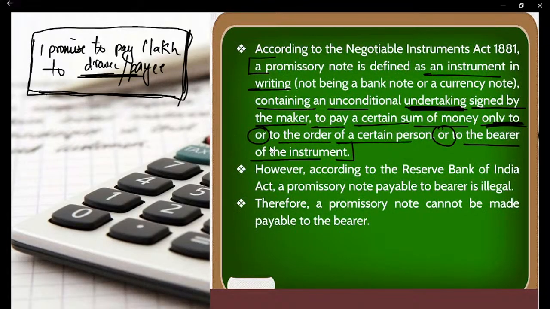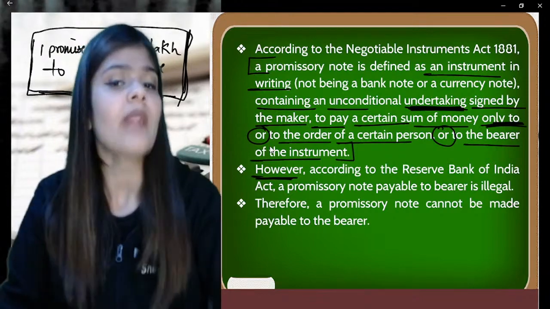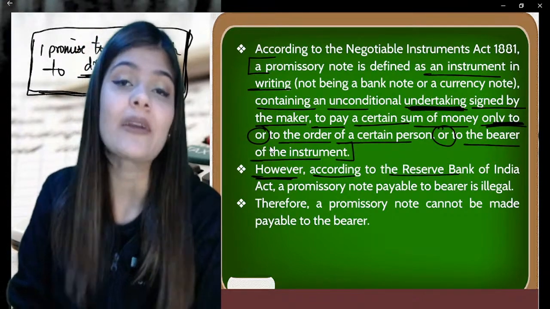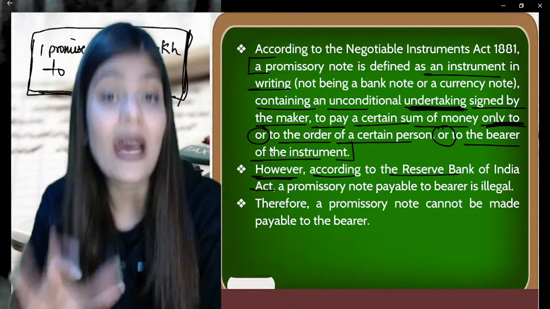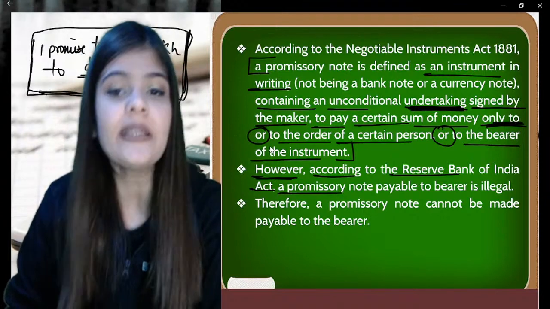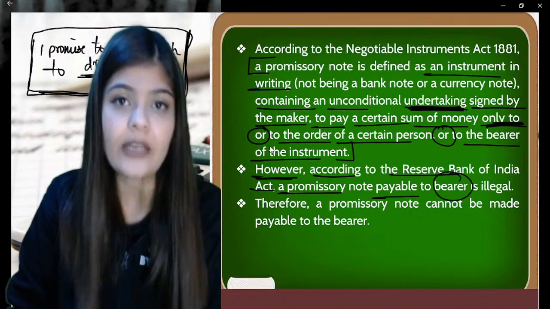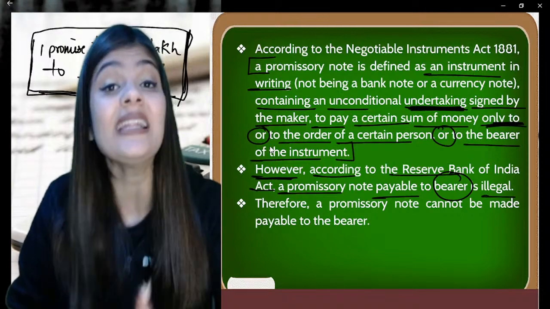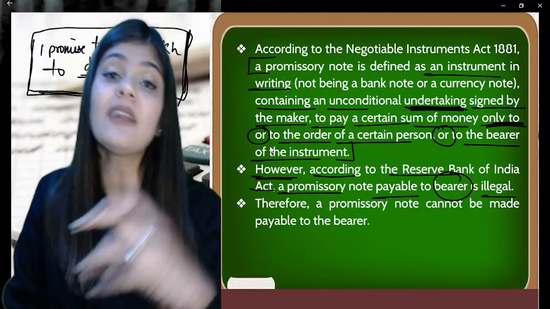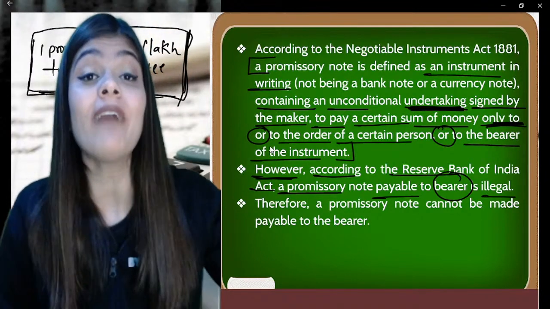You can see, however, according to the Reserve Bank of India Act, according to RBI Act, a promissory note payable to bearer, payable to the holder is illegal. आप सिर्फ उसी को पे करोगे to whom you have promised.